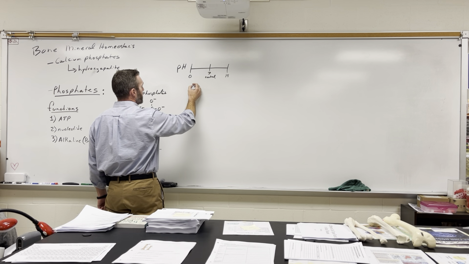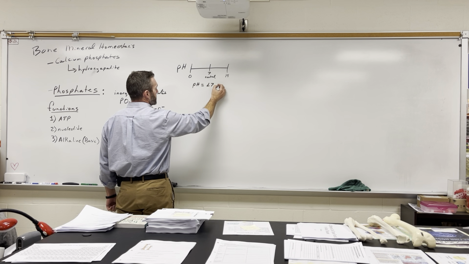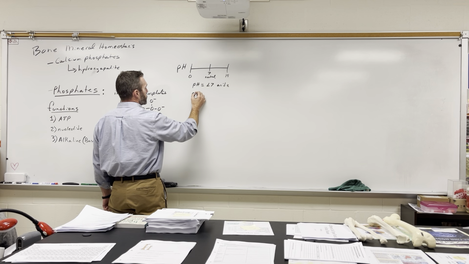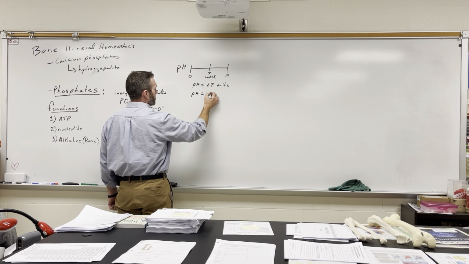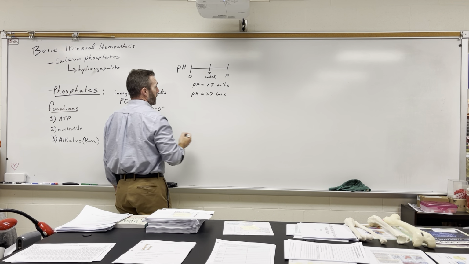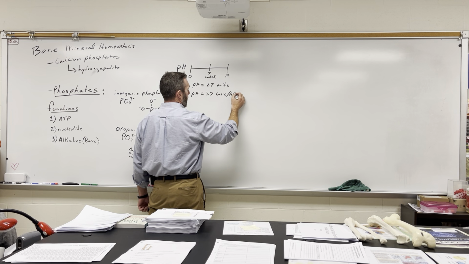We say any pH that is less than 7 is acidic. Okay? A pH that is greater than 7 is basic. Now, another word for basic would be alkaline.